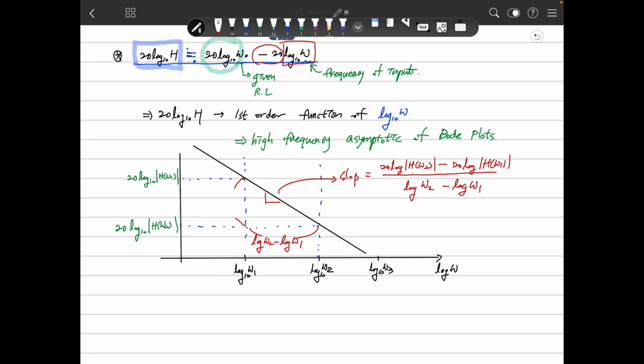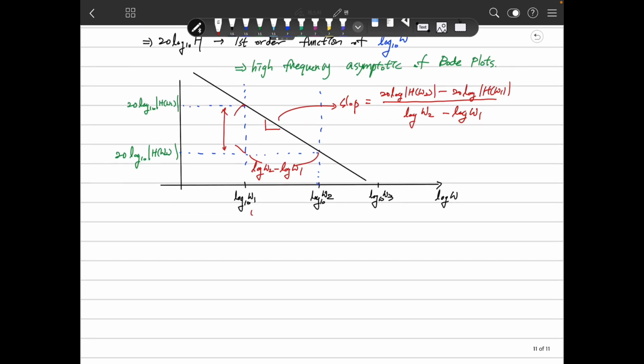This is the difference here. So one division is 10 times, one decade. Why? Because you use a log scale for frequency. So we call this the high frequency asymptote of the Bode plot here.